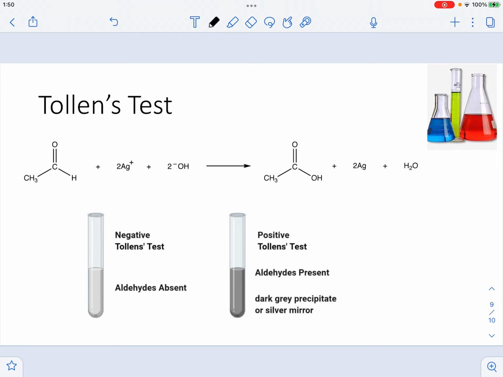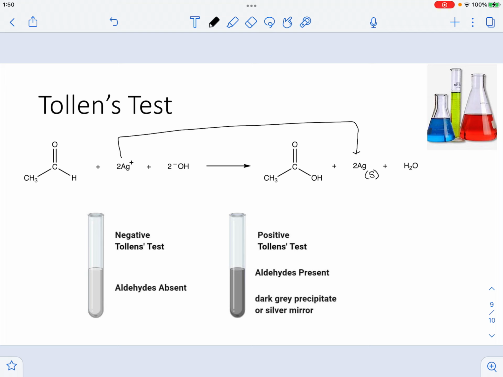The next test that also tests for a reducing sugar is the Tollen's test. In this case, our reduction is going to happen at the level of silver. When silver gets reduced, it is going to make silver in solid form. So similar to the two tests that I mentioned a few moments ago, if your carbohydrate is able to have its aldehyde functionality converted to the carboxylic acid, that means it is going to in turn reduce the reagent, in this case silver.